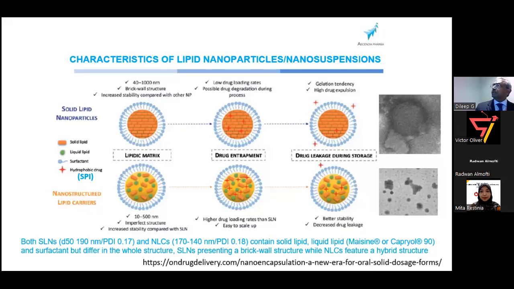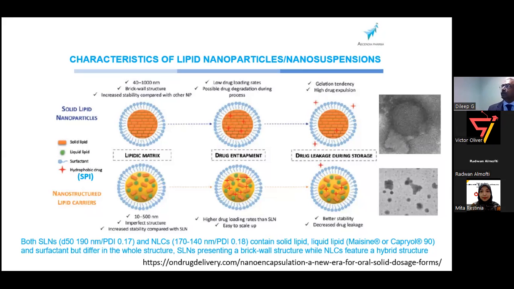Let's focus a little more on the SLN and the NLC, and what you see inside, how the drugs are arranged. In the saturated system, which is the SLN, the solid lipid nanoparticles, the drug is of course encapsulated, but not to the extent we see in the latter, the non-structured lipid carriers.